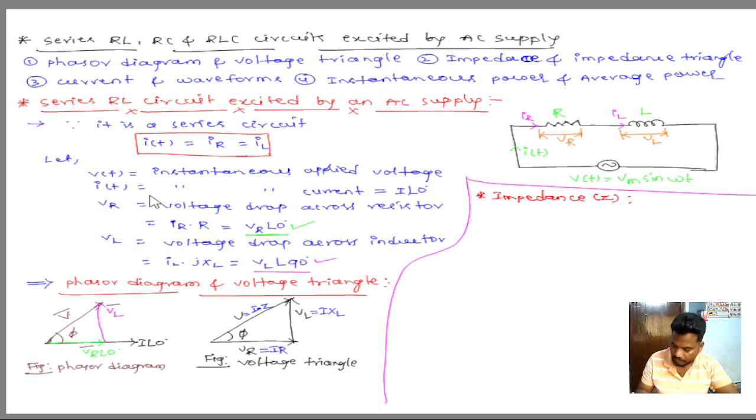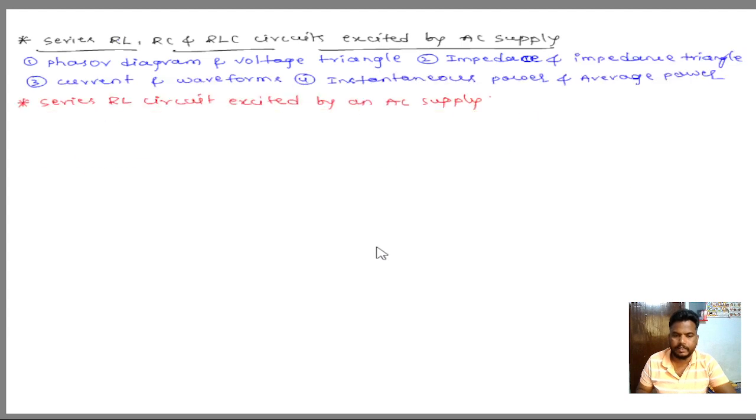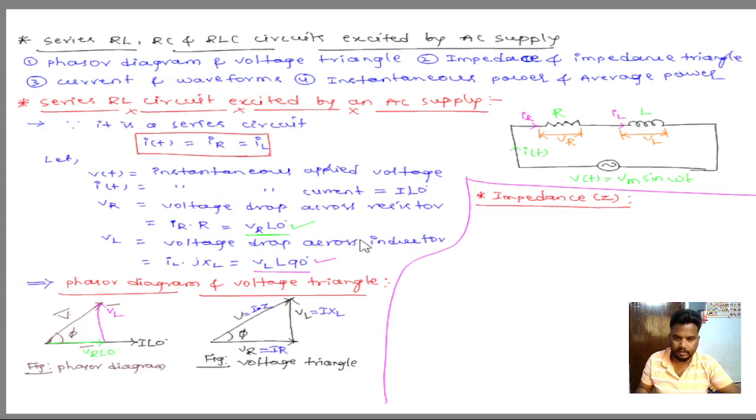Impedance Z. From the voltage triangle, or by applying KVL to the circuit.